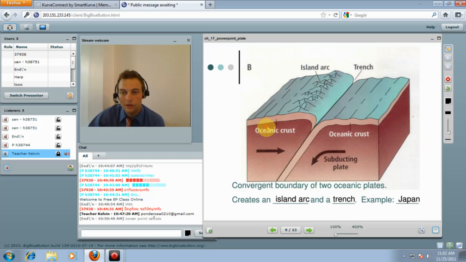Okay, convergent boundary, which is my personal favorite because you get all these epic things happening. This is a convergent boundary of two oceanic plates. So this is ocean and this is ocean. And the same kind of thing happens. You have one plate going underneath the other plate, and this plate that's going underneath is called the subducting plate.